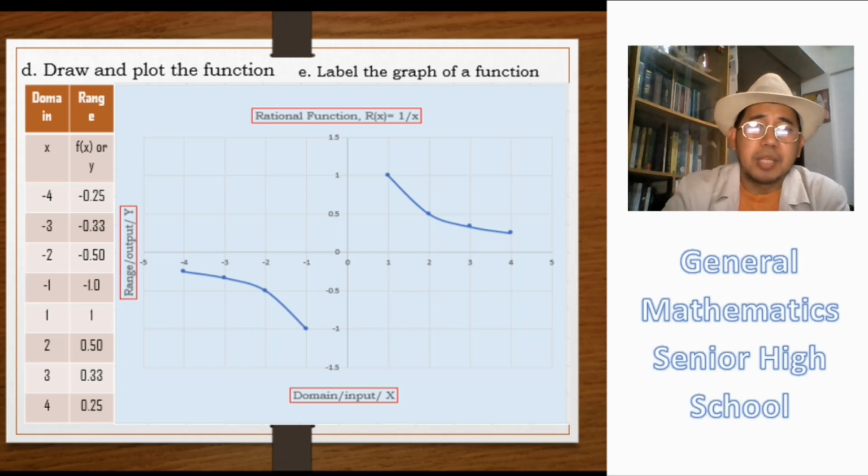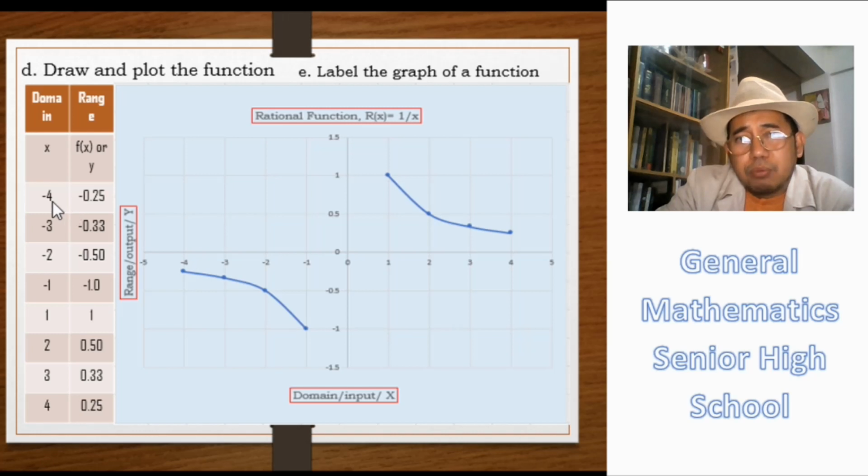So I have the negative x and the positive x. You will notice in here, if I have negative 4, it will give me a y which is negative 0.25.